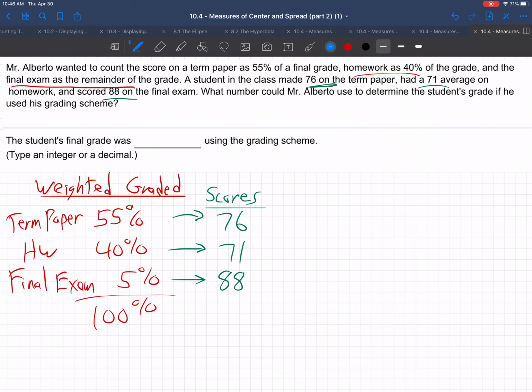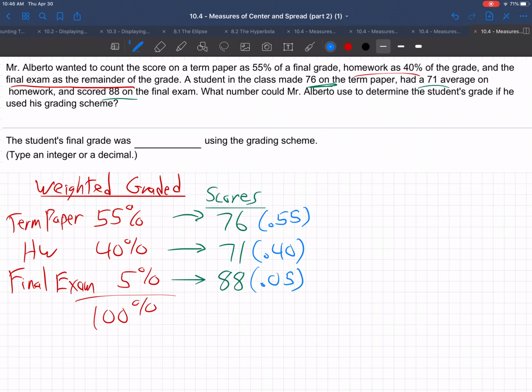Well, basically, you take each of these scores and you multiply by the decimal version of the percentages. So in other words, we take this 76 times 0.55 and this 71 times 0.40 and the 88 times 0.05, right?